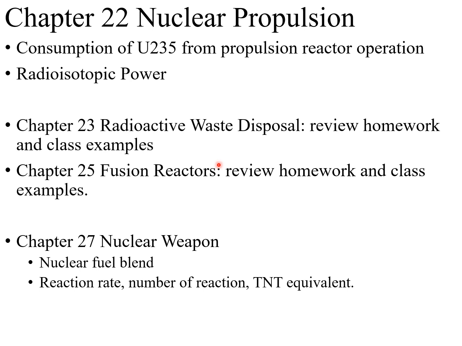For nuclear weapons, you need to know how to calculate the nuclear fuel blend, mixing two different types of fuel to produce another type of fuel with different enrichment. Then review the concept of reaction rate and the number of reactions, and also the TNT equivalent and so on.